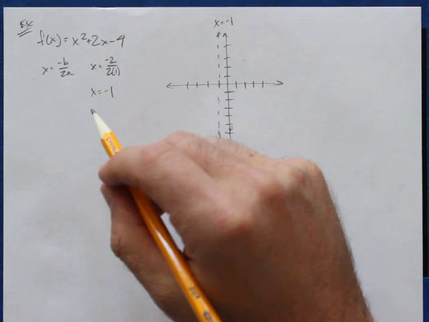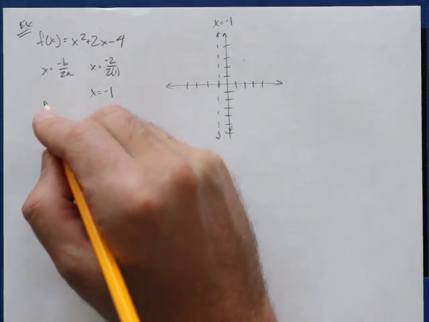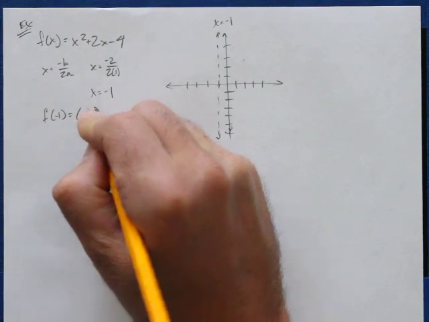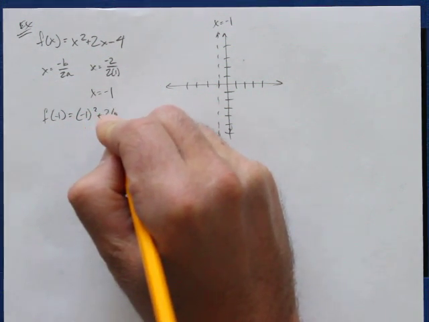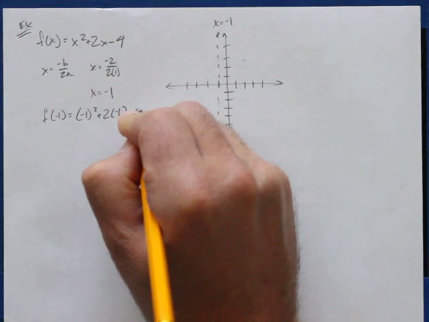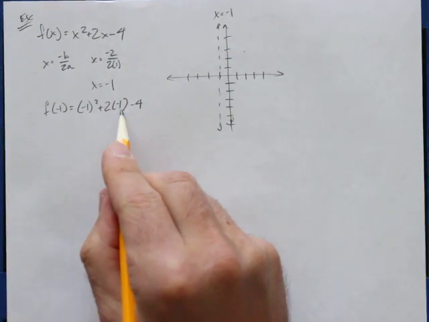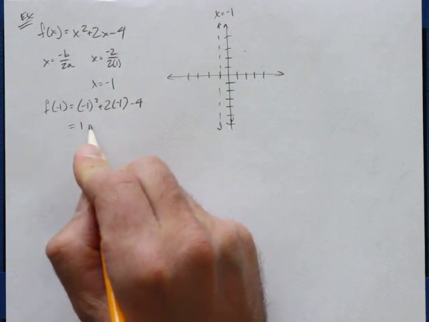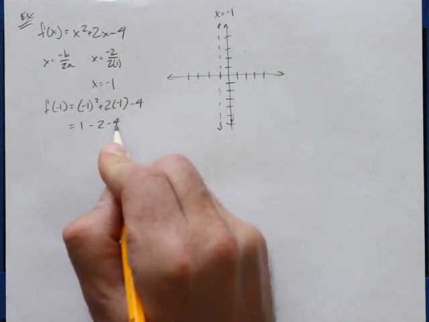And I'm going to plug negative 1 back in, that's step 2, to find what y is when x is negative 1. So I just plug negative 1 in for x, and I get positive 1 here, minus 2, minus 4.